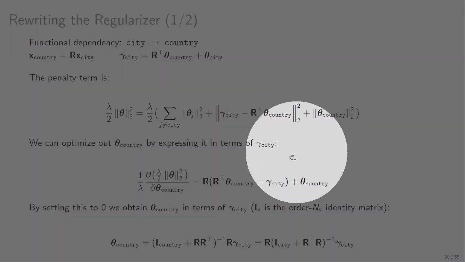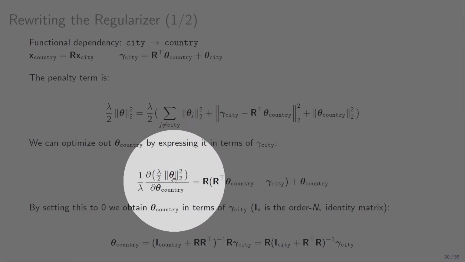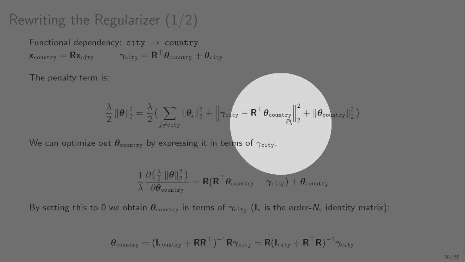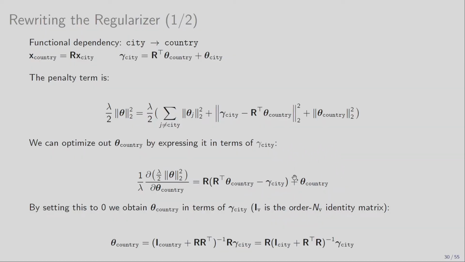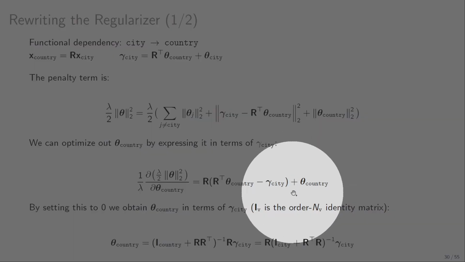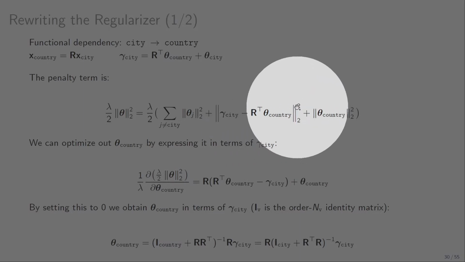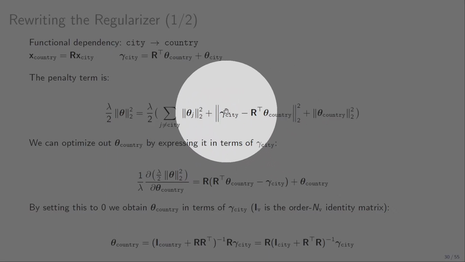How can we do that? We take the partial derivative of our penalty term with respect to theta country, and this will give us something like this. If you stare enough, you realize that this is the derivative of it, okay? Why so? Because here, this is square, so we take 2 times the derivation of this times itself, right?